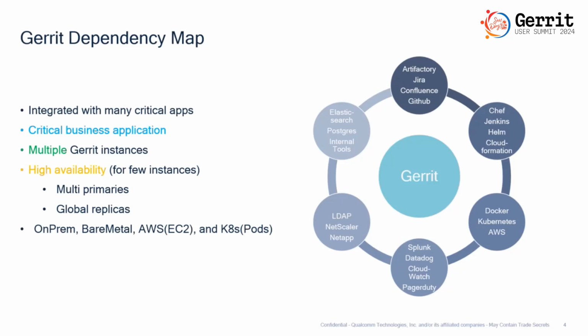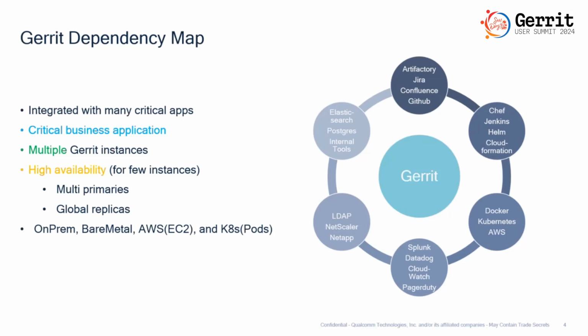It has a direct impact on one of our flagship devices. We have multiple Gerrit instances, and most of the slides relate to the most popular one. Because of proprietary reasons, I'm not going to talk about the instance.